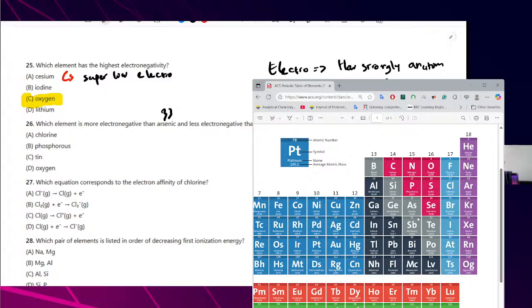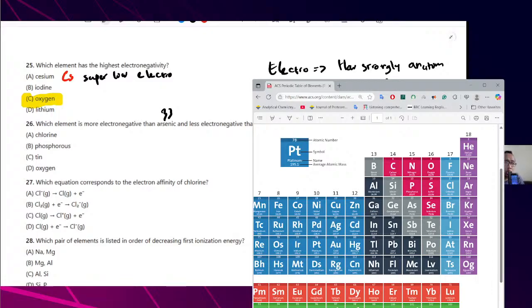So we want an element between arsenic, in period 4, and sulfur, in period 3. Which one is more electronegative than arsenic? More electronegative than arsenic means we need to go to the right.